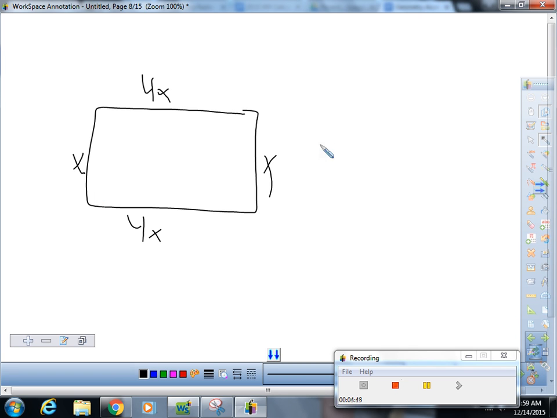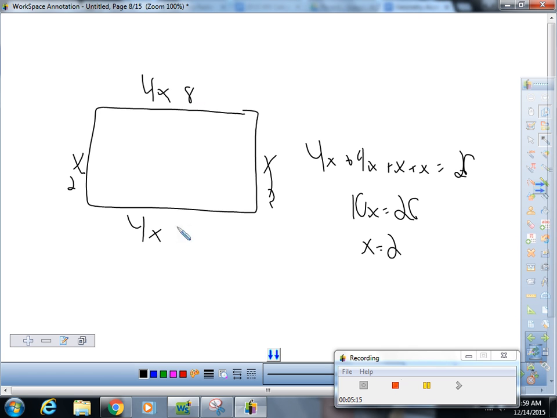So you add 4x plus 4x plus x plus x, which equals 20. So 10x equals 20. x equals 2. So these two sides are each 2, and these sides are each 8. Then the area would be 2 times 8, which is 16.